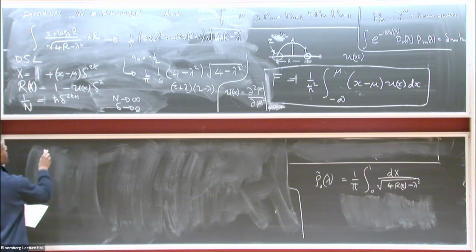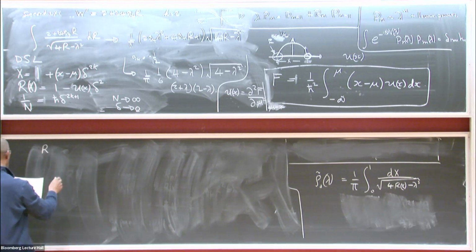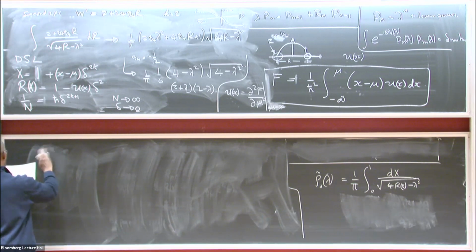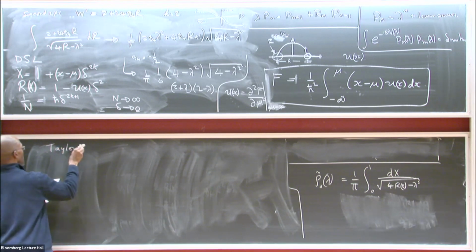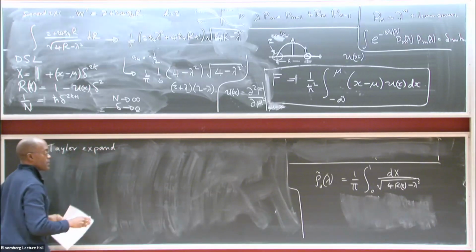So let's continue solving. Let's go back now to my equation for R, which I erased, but it's in your notes. Now I'm going to actually Taylor expand that equation.